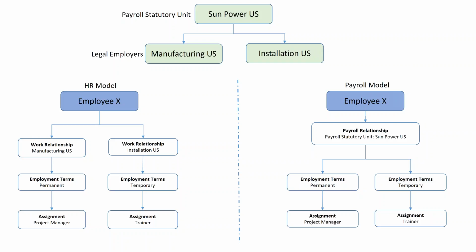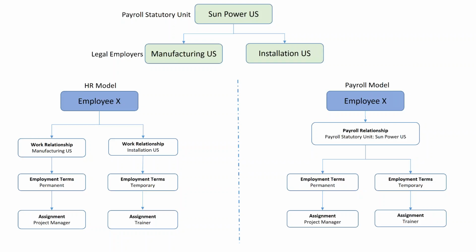Now, if you see one employee's data, the employee HR data and the payroll data show this parent-child relationship of the payroll and the legal employers. Now, see on the left-hand side, that is the HR model. I've taken an employee called employee X. This employee has got two work relationships.